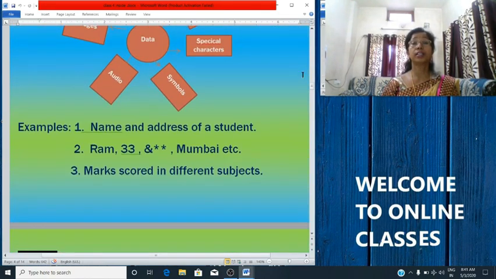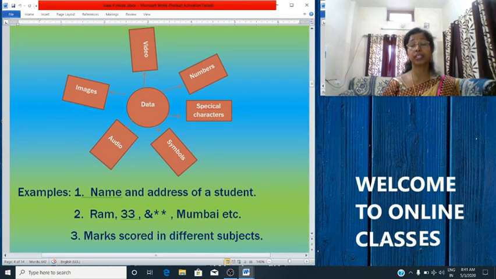If you see some examples of data, the names and addresses of students of a class, that is an example of data. Just numbers like 24, 5%, rupees 300, 33, Mumbai, etc. are examples of data.